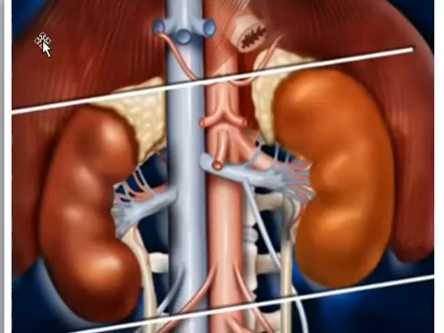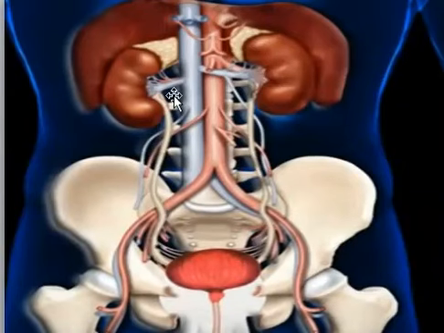Now, the second organ of the urinary system is the ureter. Each kidney has one ureter, which is a muscular tube that extends from the kidney to the urinary bladder.